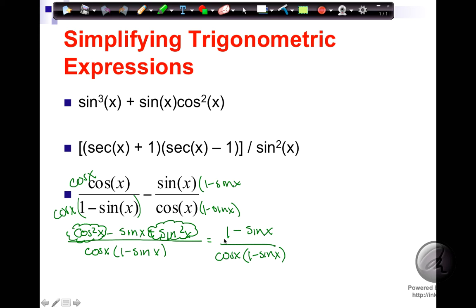Well, now I have the same thing in the numerator and denominator, which gives me 1 over cosine, and I know that to be secant of x. And that would be my simplified version.